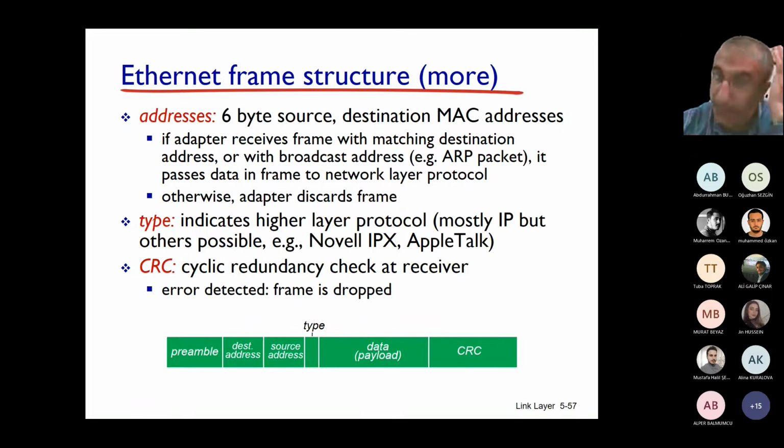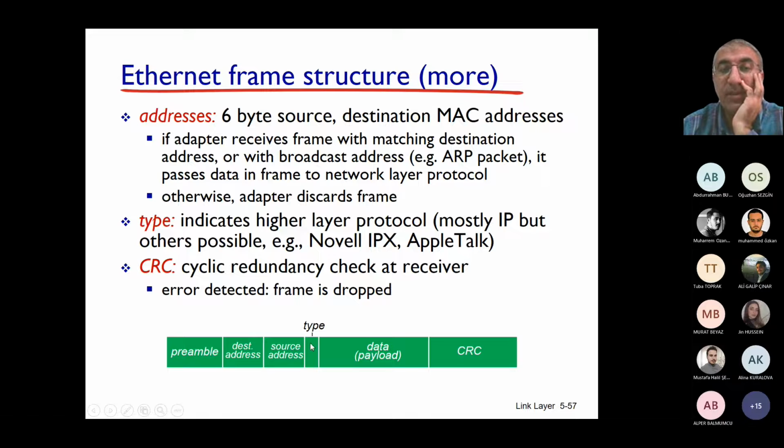The second field is addresses. You see the destination address and source address, 6-byte MAC addresses. If an adapter NIC receives a frame with the matching destination address, or with a broadcast address like an ARP query, it passes the data in the frame to the network layer protocol. Otherwise, the NIC adapter discards the frame.